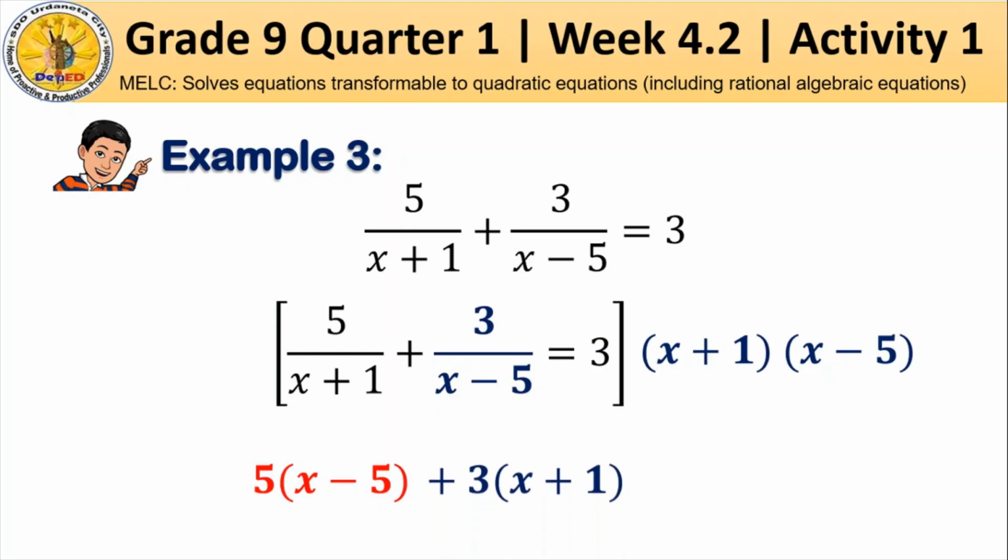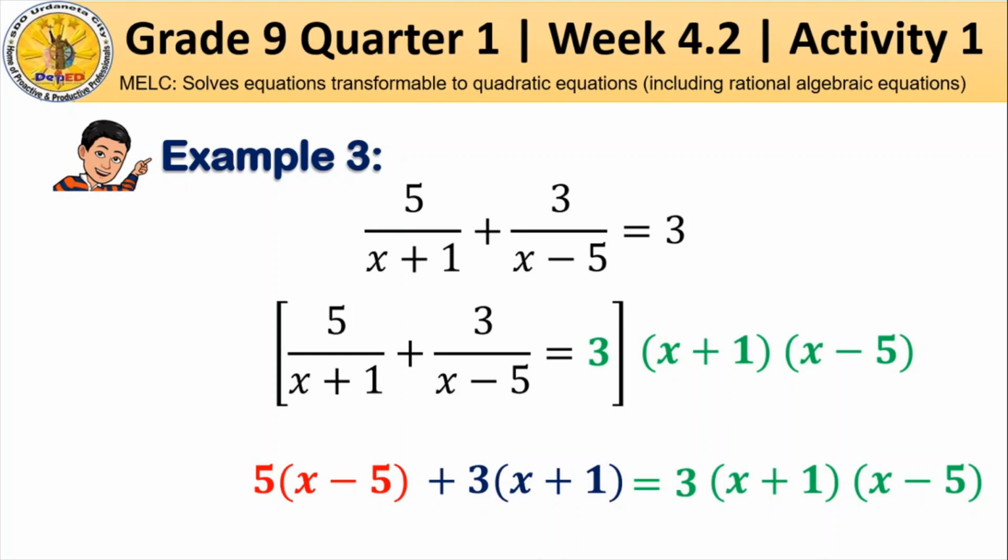That is 3 times the quantity x plus 1. Next, we have 3 times the quantity x plus 1 times the quantity x minus 5 is equal to 3 times the quantity x plus 1 times the quantity x minus 5.